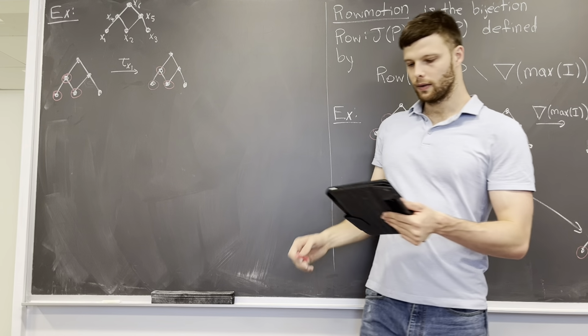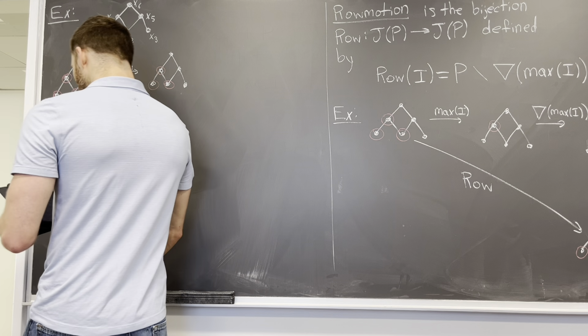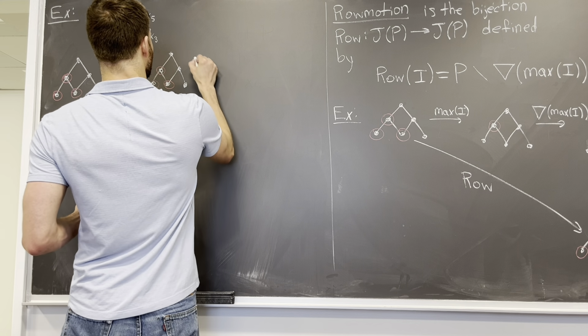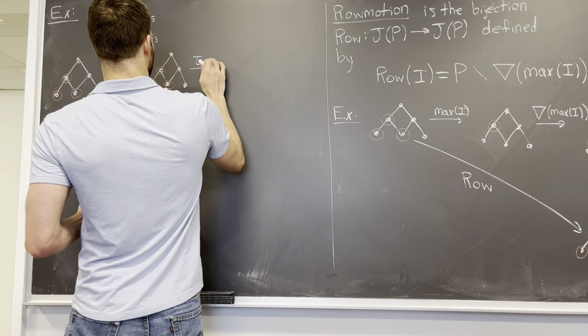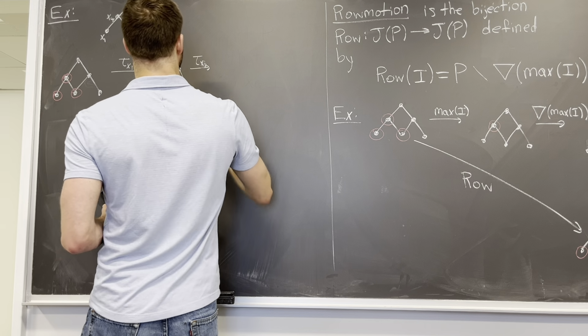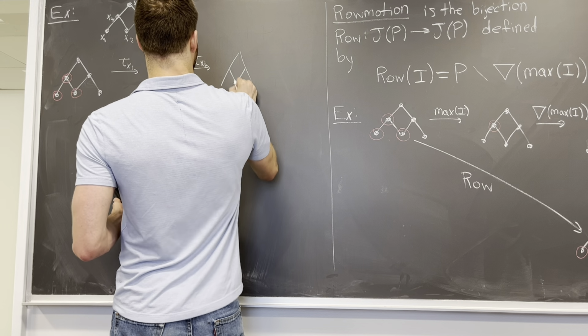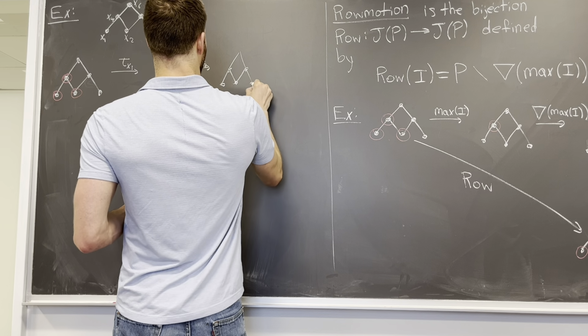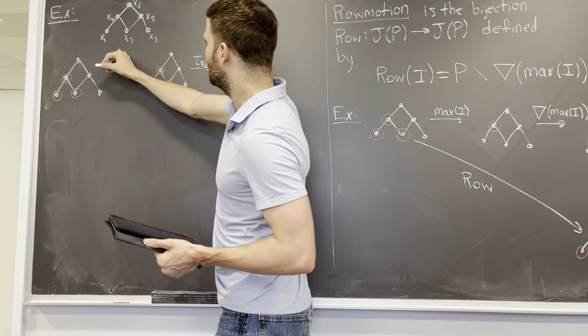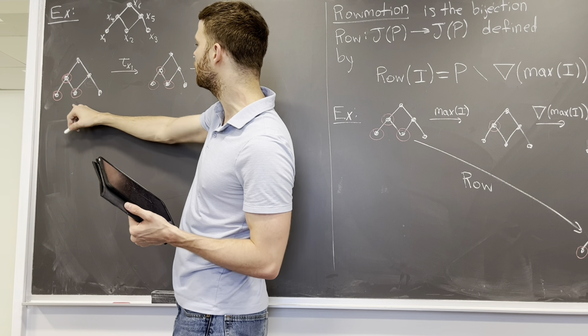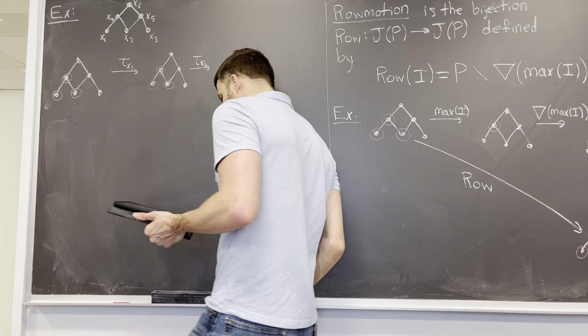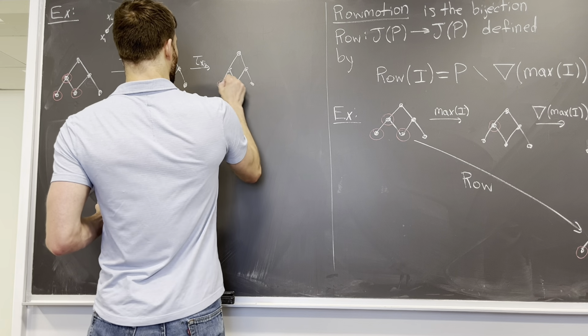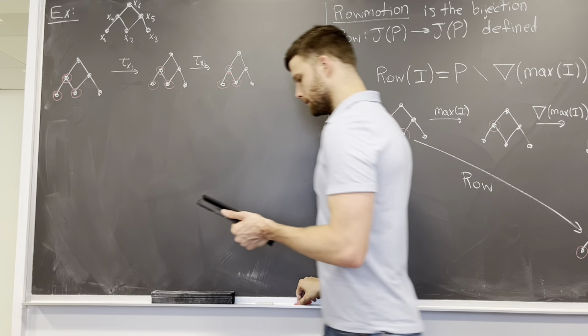Okay. Now let's do tau x2, which is going to be similar. Again, I try to remove x2 from my order ideal, but I'm not allowed to do that, so I do nothing. Okay.